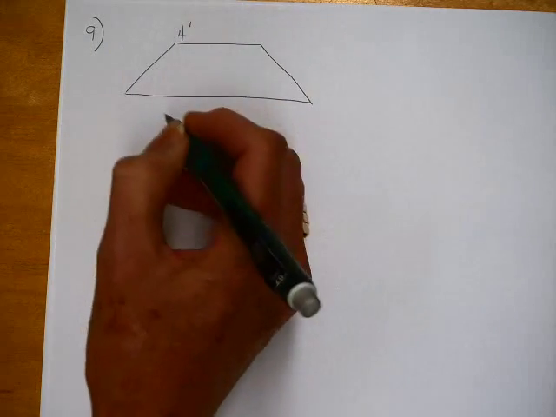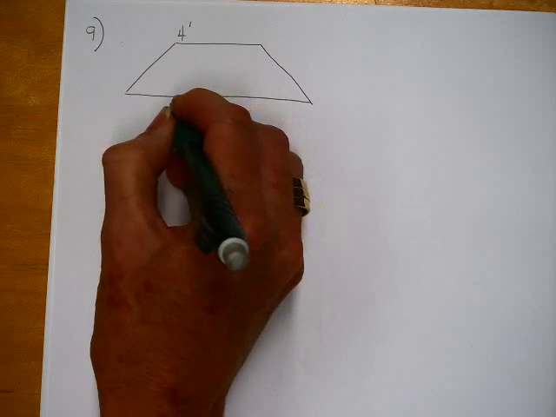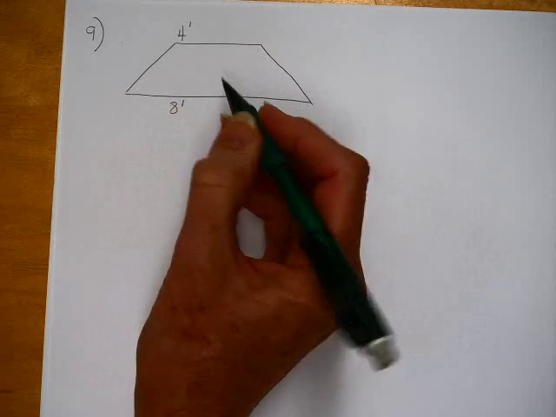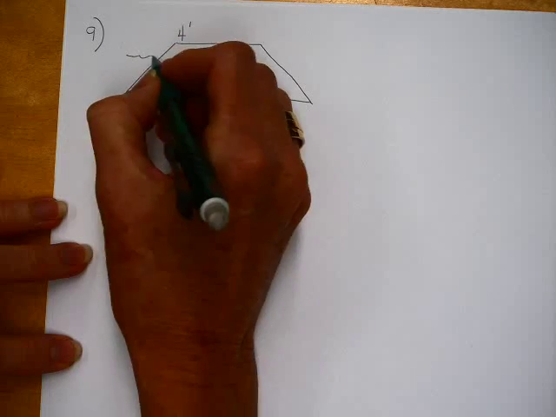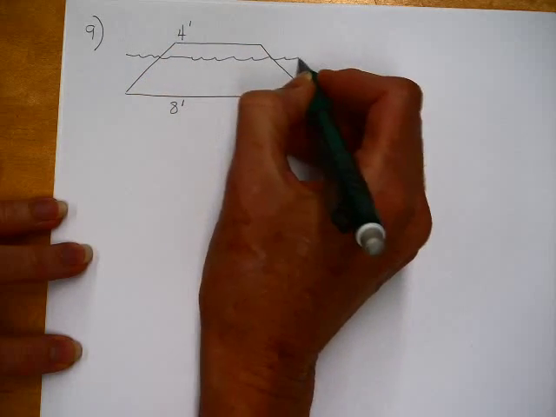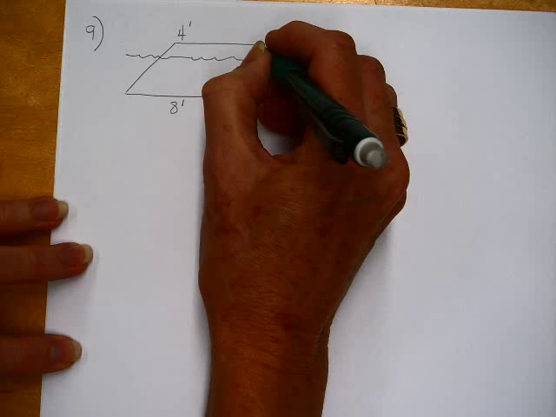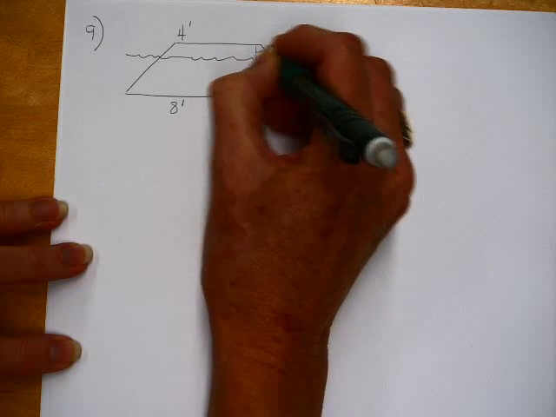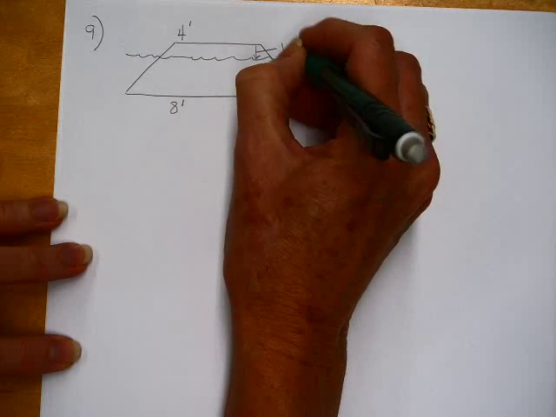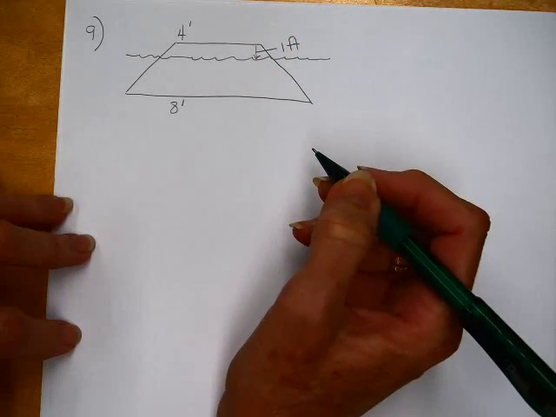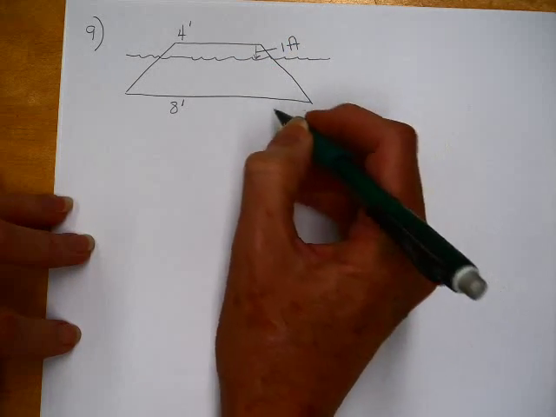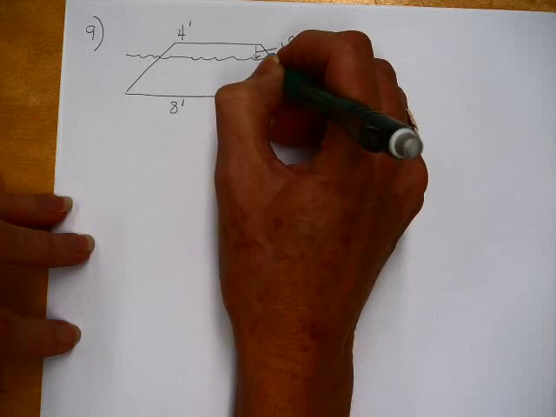This side is 4 feet long. The bottom is 8 feet long. The water is right here. There is 1 foot from here to here, and there are 2 feet right here.